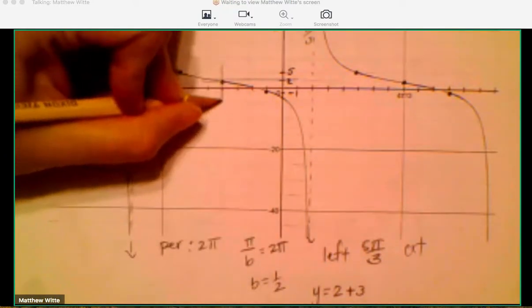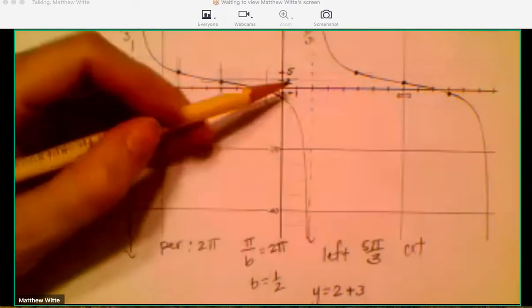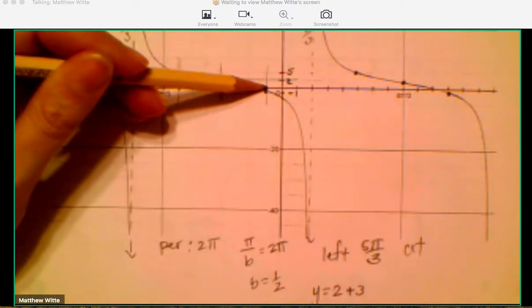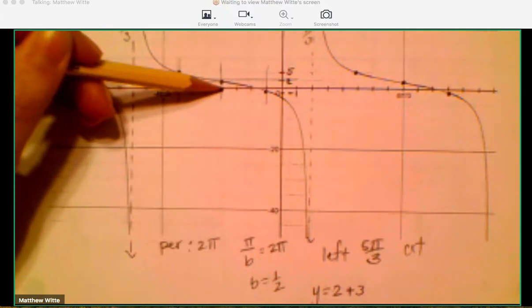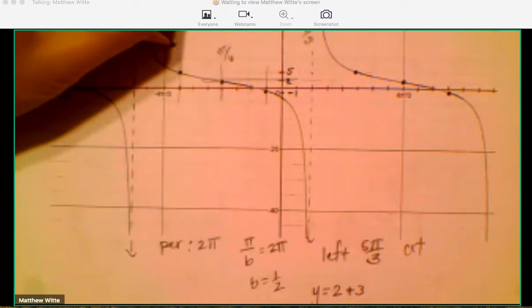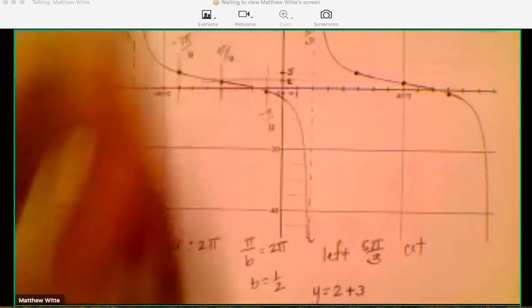Okay, and these are all quartered out for you. I quartered them out. What did I say they were? Pi over 3s. So this is at pi over 6, 2 pi over 6, 3 pi over 6. This is at 4 pi over 6, 5, 6, 7, negative 7 pi over 6, and this is negative pi over 6.